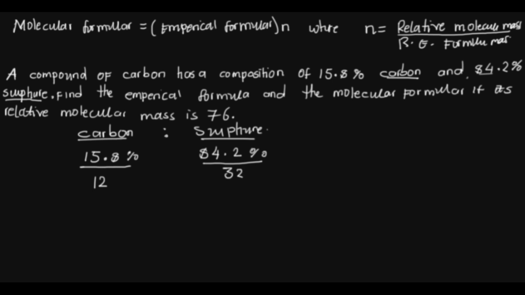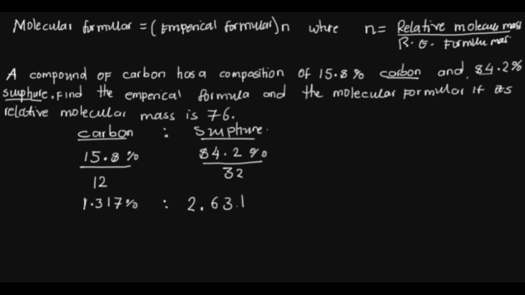If we divide 15.8 by 12, we have a value of about 1.317. Then if we divide 84.2 by 32, we have a value of about 2.631.